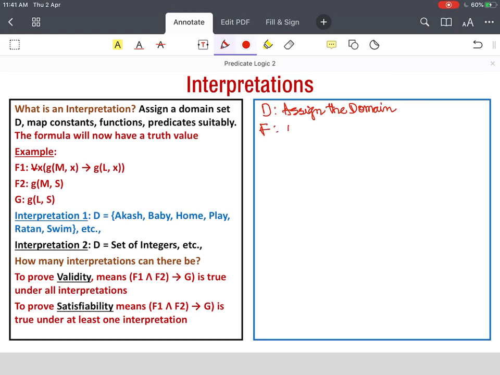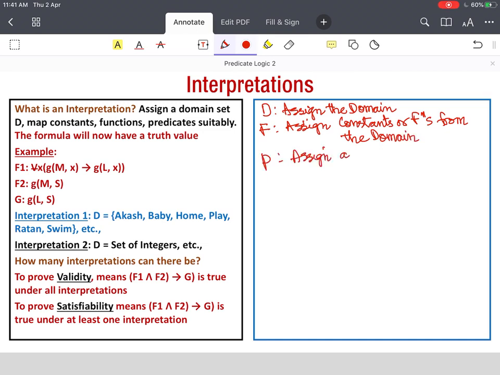For every constant symbol or function symbol, assign constants or functions from the domain.